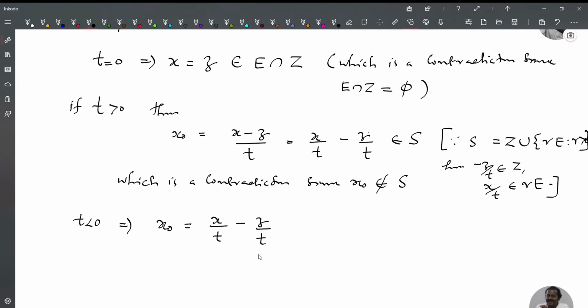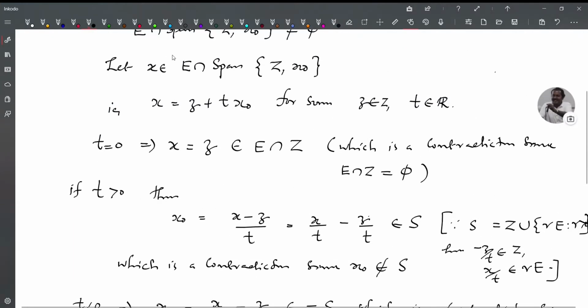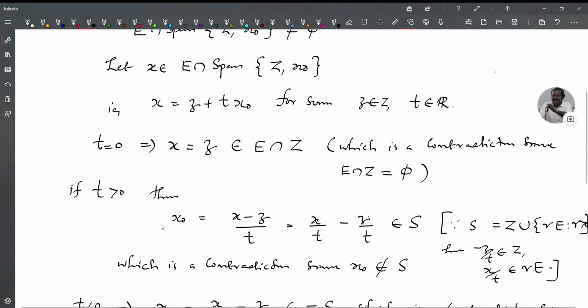This belongs to minus S since t is less than 0, which is a contradiction since x₀ does not belong to minus S. Therefore, x does not belong to E intersection span Z x₀.